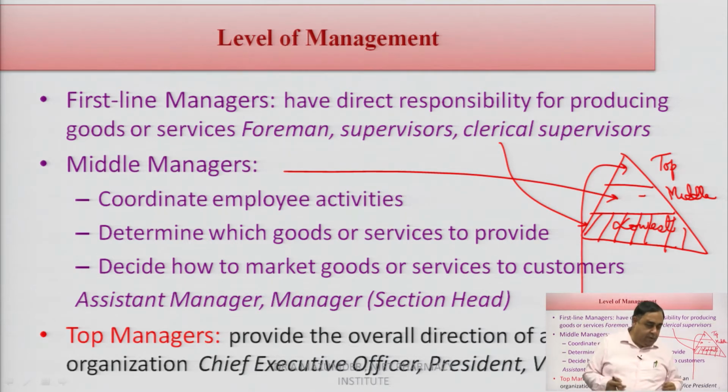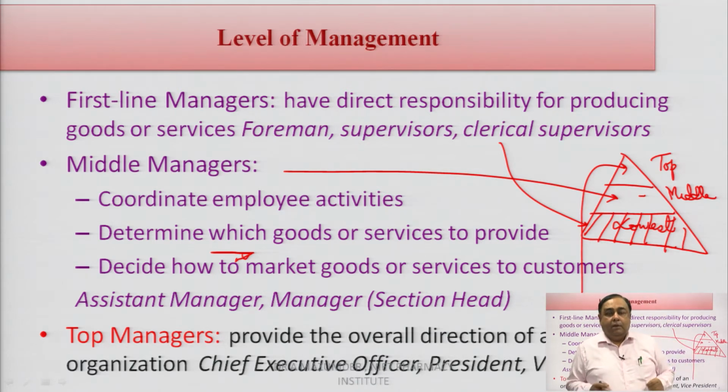So, in an organization you will find many more people working as supervisors as compared to the regional managers and the area managers, and the number of area managers will be much more than that of the topmost level in the marketing team, that is vice president and president and so on. So, as we move up from the bottom to the top, the number of people serving an organization decreases.